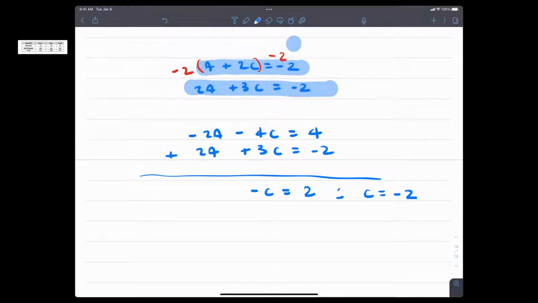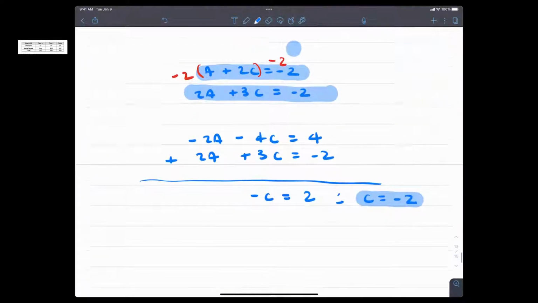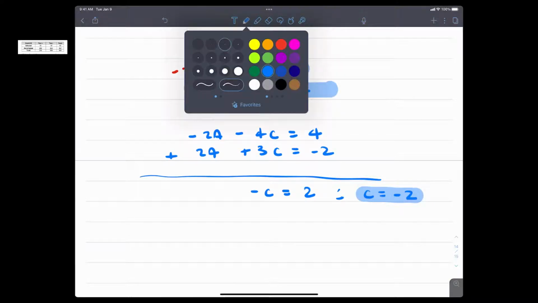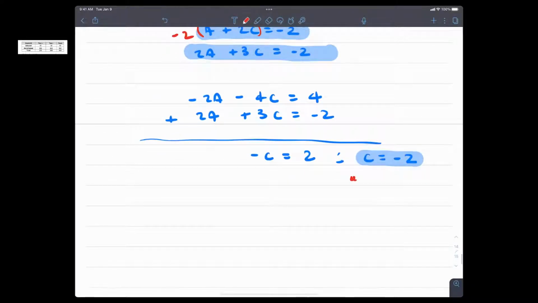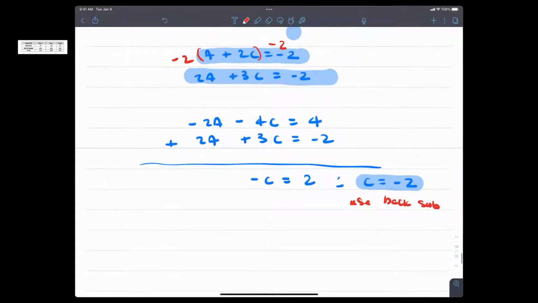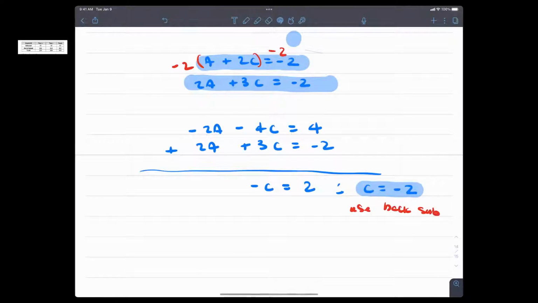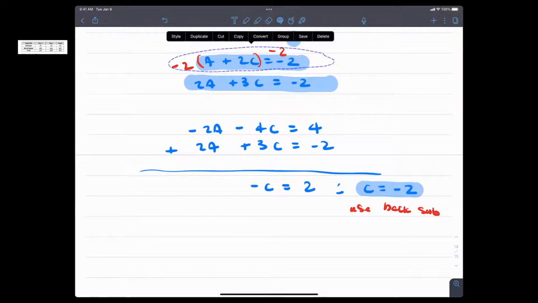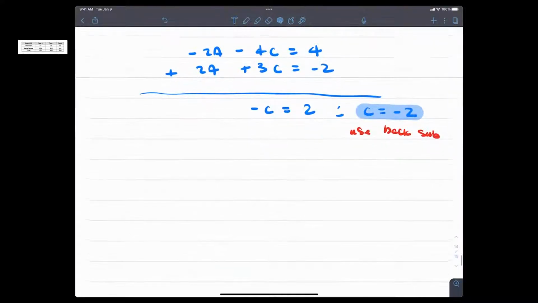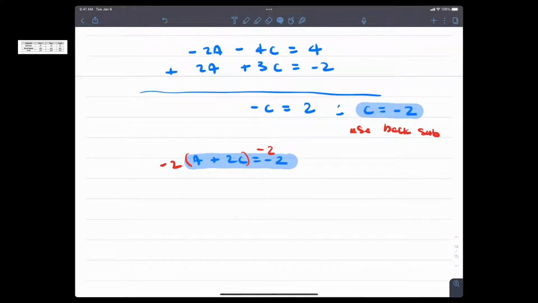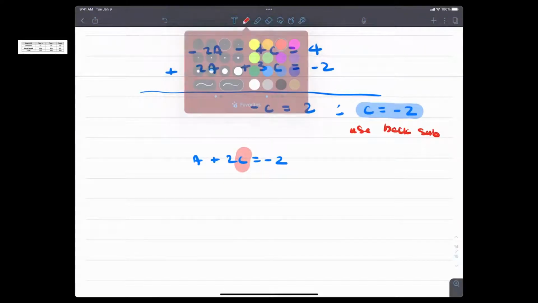So using some beginning algebra. And then you say, well, how do I get the other value a? Remember how you get the a value? It's back sub. So plug back in any of these equations, c being negative 2. Even though you might say, well, that kind of looks a bit odd, not really. C being negative 2, I'm going to go back to that original equation.